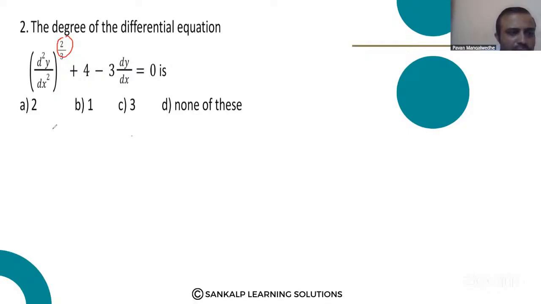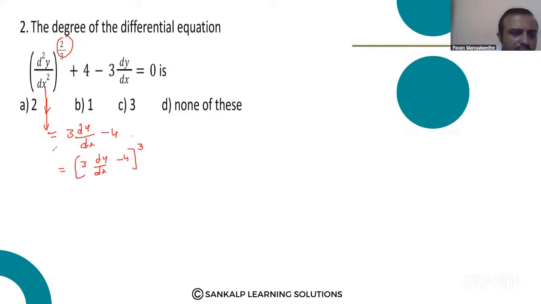So what we can do is, d square y by dx square, the same power, is equal to 3 into dy by dx plus 4. On transposing 4 to the other side, it becomes minus 4, so it can be written as 3 into dy by dx minus 4, the whole raised to 3.